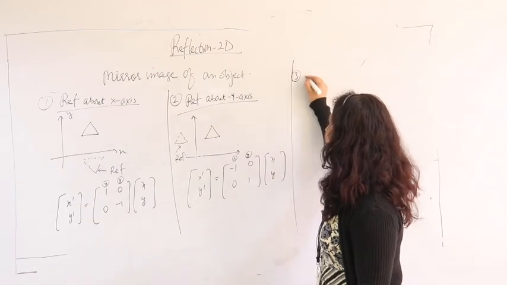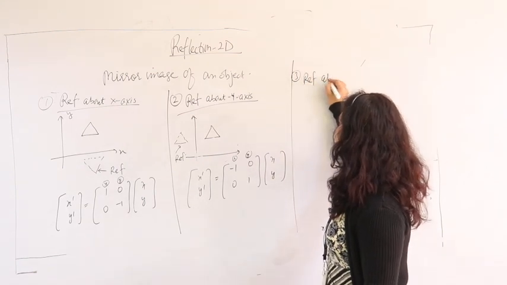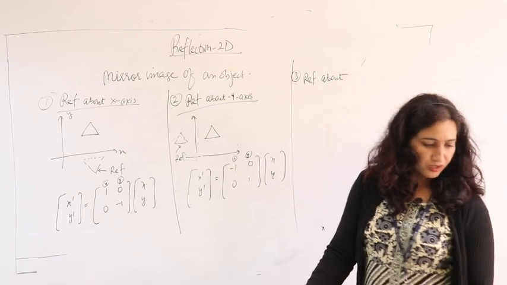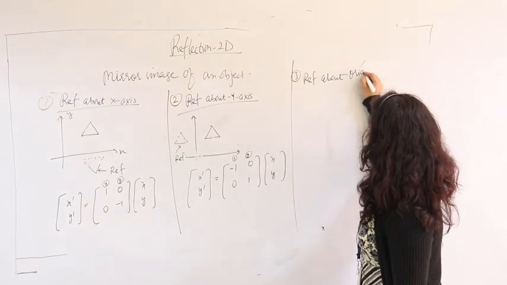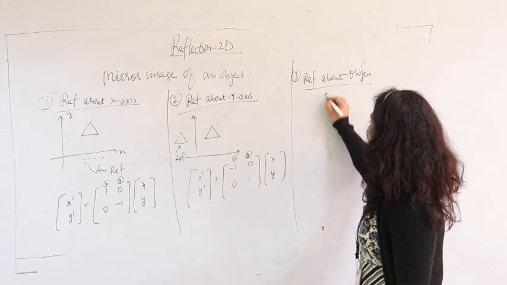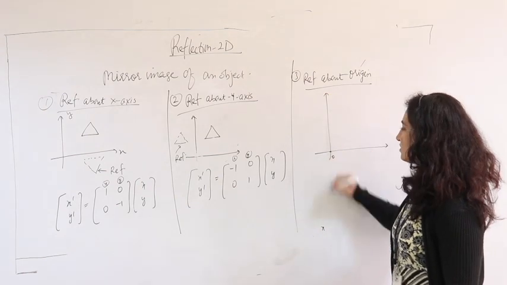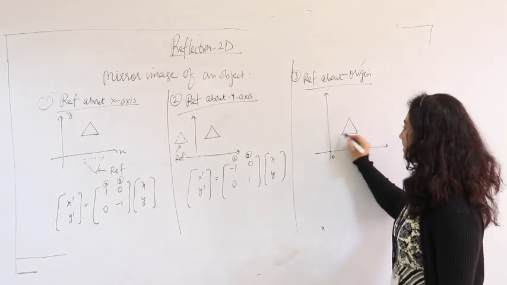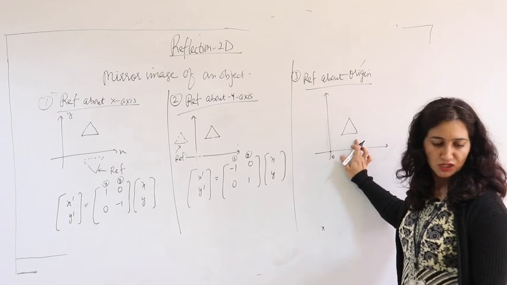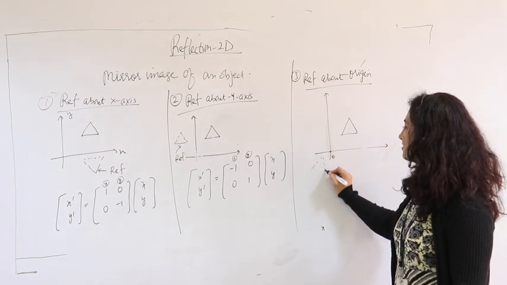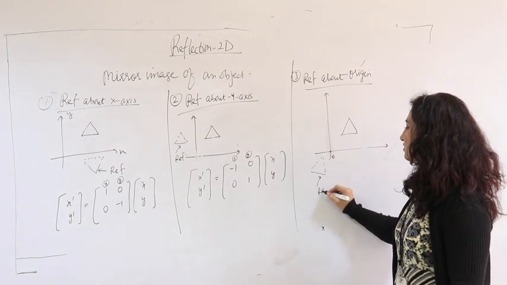Similarly, third is reflection about origin. Suppose it is an origin, this is an object, the reflected image will be here like this. This is the reflection.